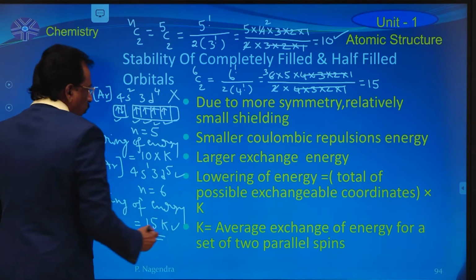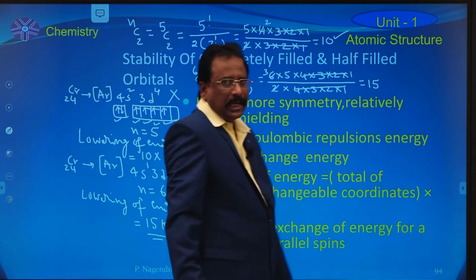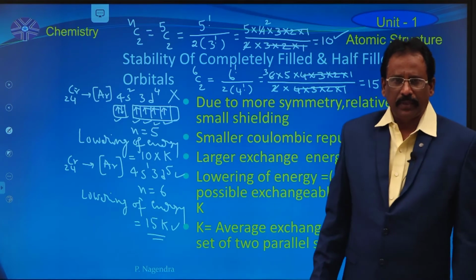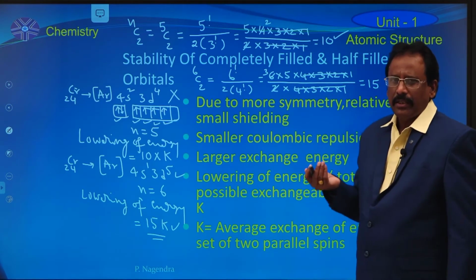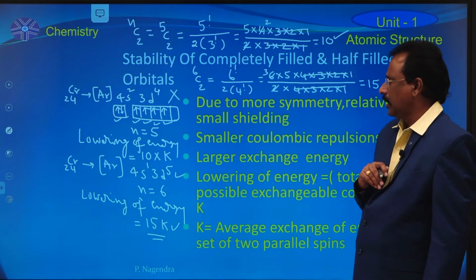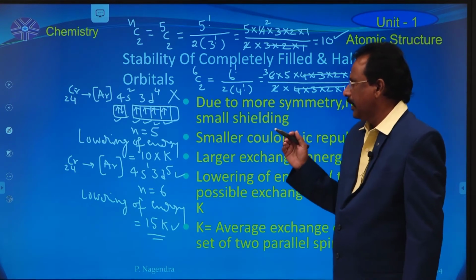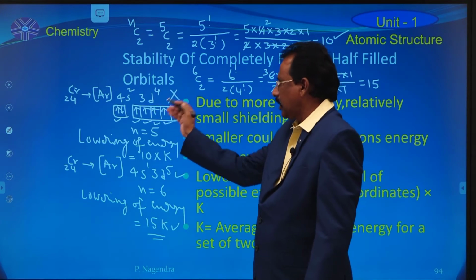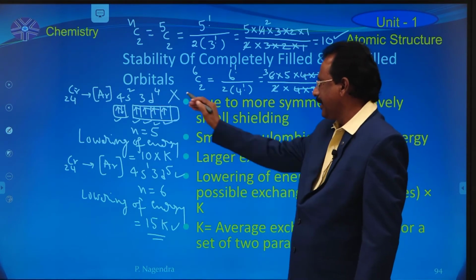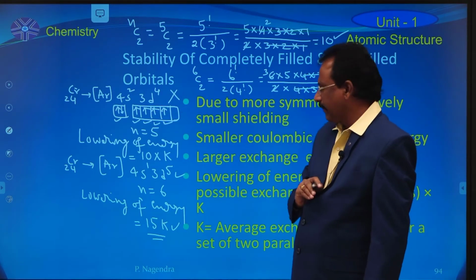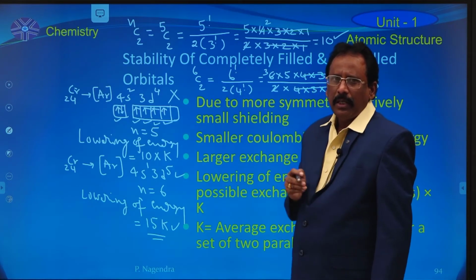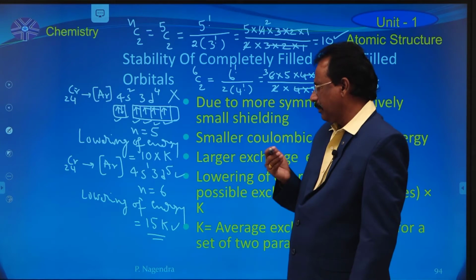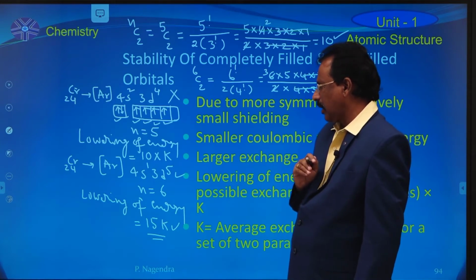That's why chromium shows an anomalous electronic configuration. Chromium violates the Aufbau principle, because half filled orbitals are more stable than incompletely filled orbitals. That's why chromium shows an abnormal electronic configuration, that means anomalous electronic configuration.